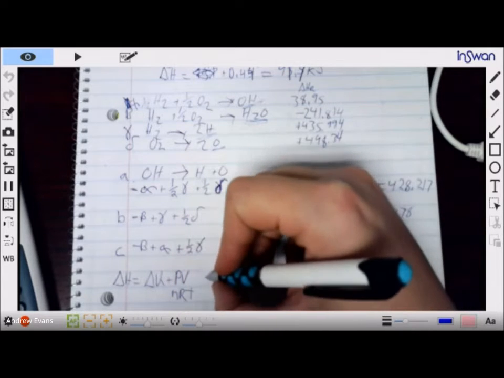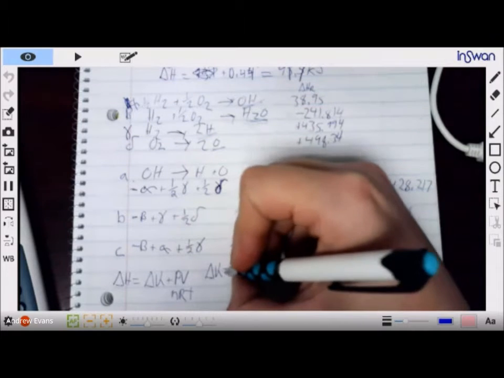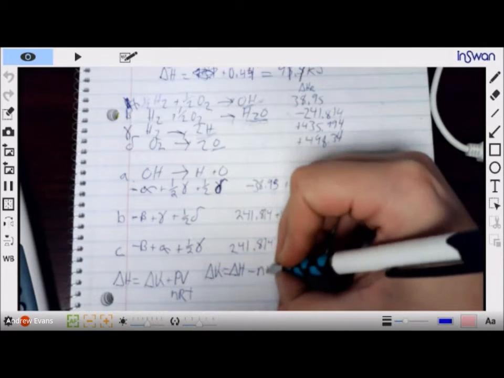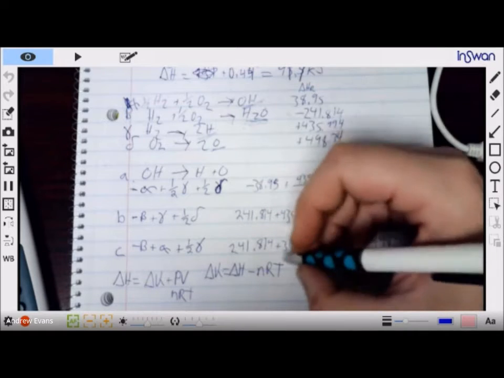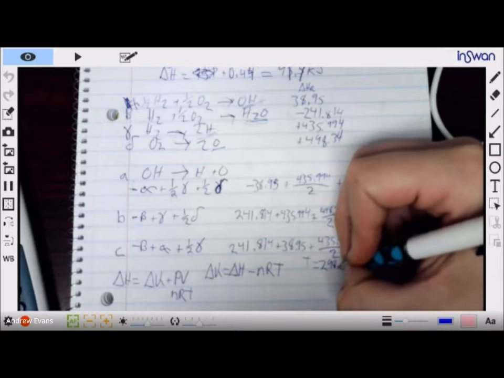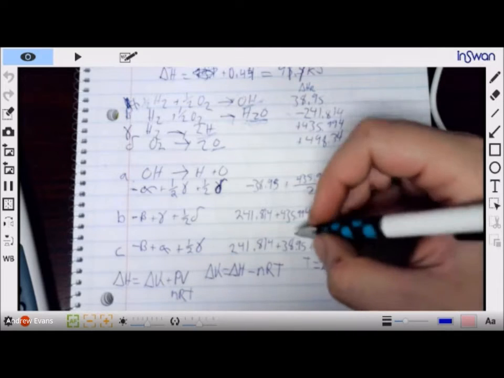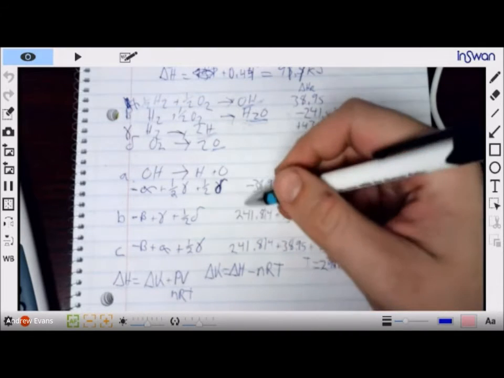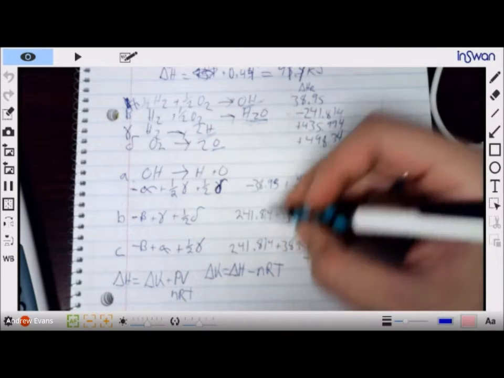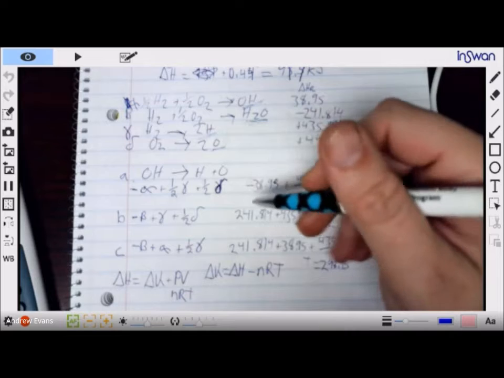So our delta U is going to be delta H minus delta n RT. We're assuming T is 298.15. R is straightforward. So the question is, what is the change in moles of gas for each one?